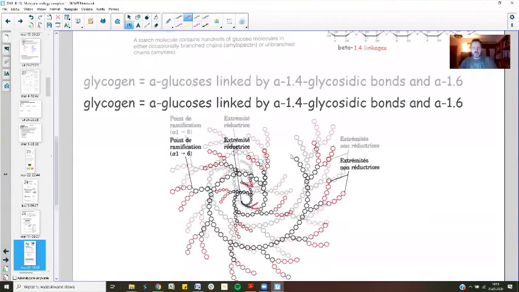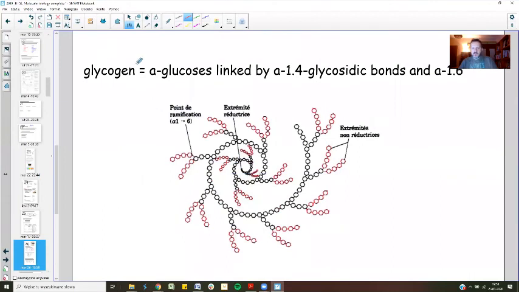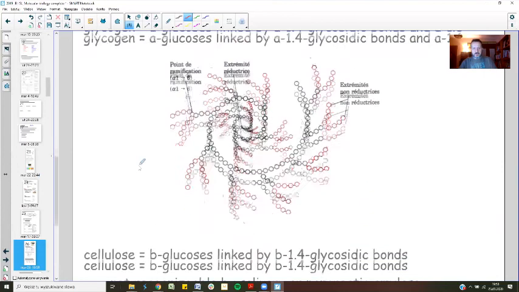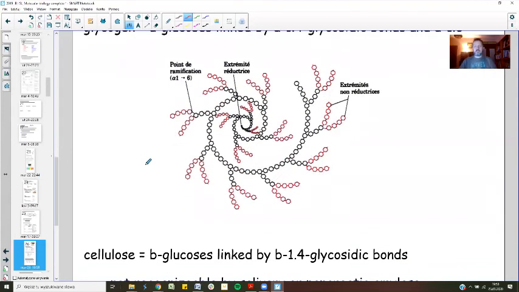The equivalent of starch in animals is glycogen. It's quite similar to starch because it is also made of alpha glucose linked by 1,4 glycosidic bonds, but also by 1,6 glycosidic bonds. So you can see that this molecule has also branched chains. However, it is relatively smaller than starch, so its solubility is relatively higher than starch.